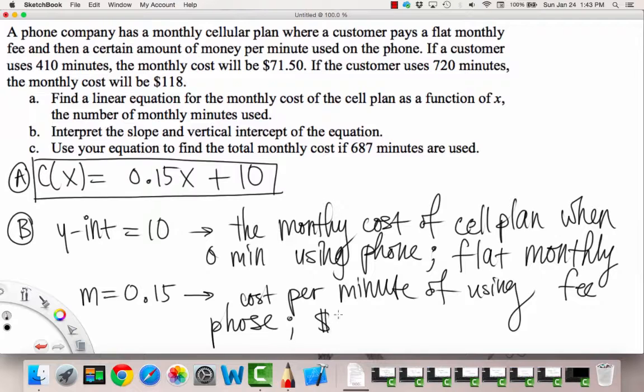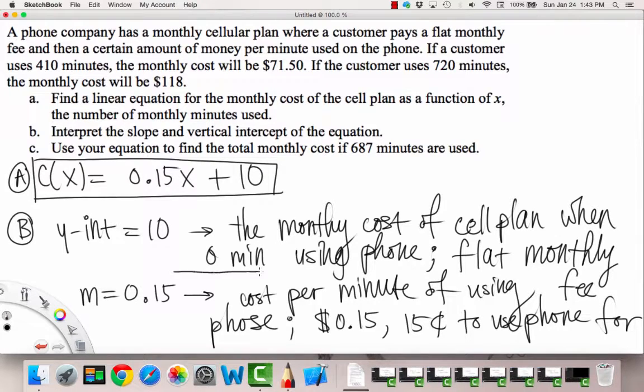It costs 15 cents to talk for 1 minute, or to use the phone for 1 minute. So 15 cents per minute to use your phone.